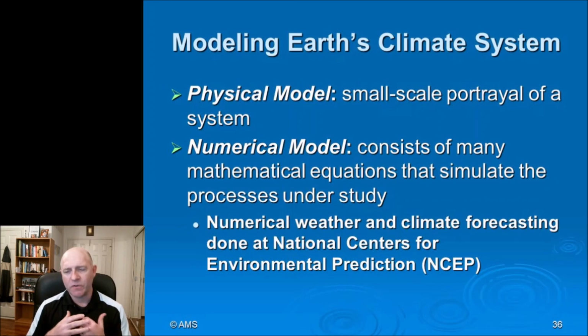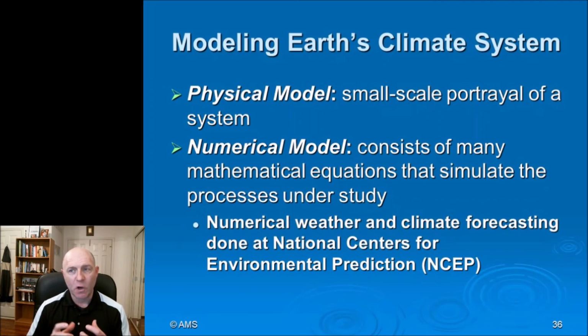In other words, there are certain properties, physical properties, chemical properties that we understand and we can represent very well mathematically. All right, whether that's temperature, pressure, or humidity. There are certain equations or relationships that we understand about the atmosphere that we can then put into a numerical model.